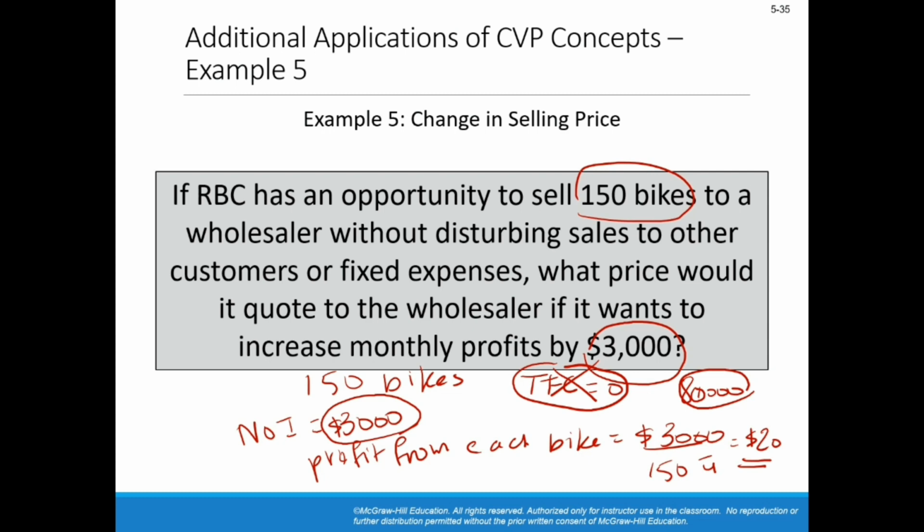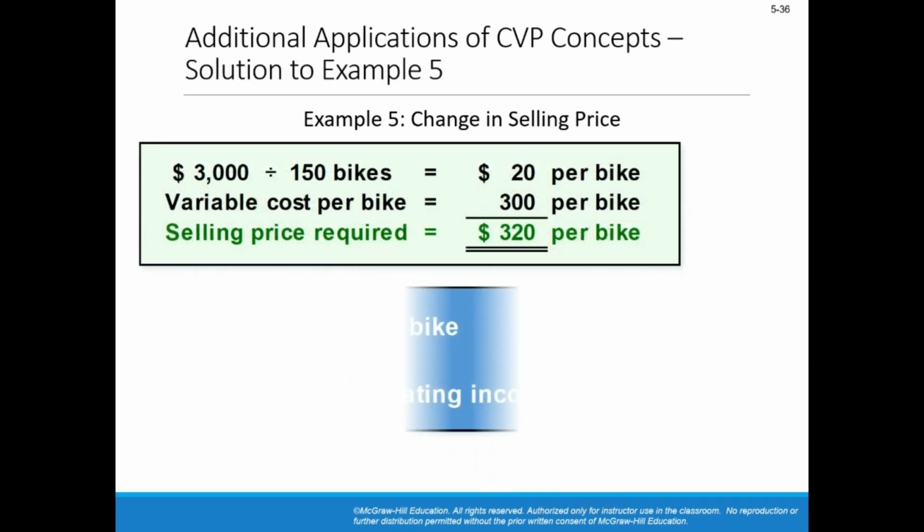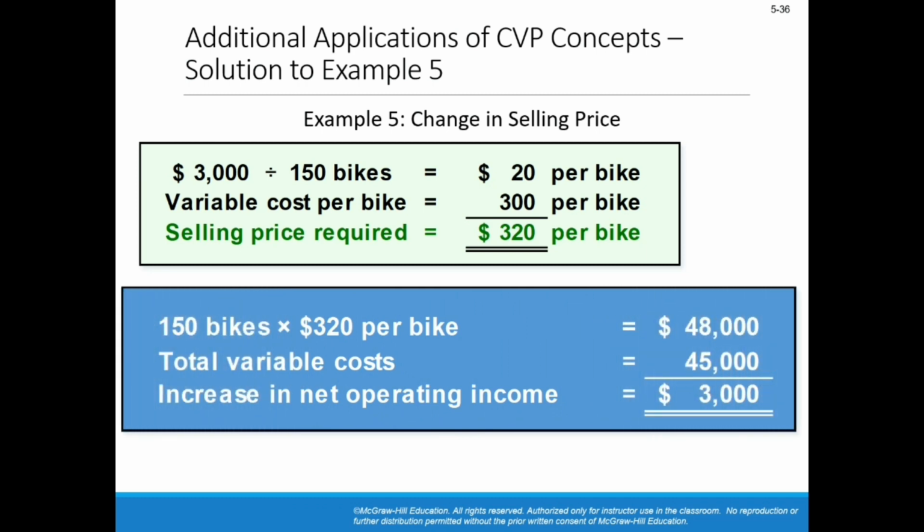I know that the variable cost per bike is $300, right? So at what price should I sell so that I make a total profit of 3,000? Obviously, the price must be $320 per bike. And this is the solution, $320 per bike, so that I can get $3,000 in my net operating income from this specific transaction.